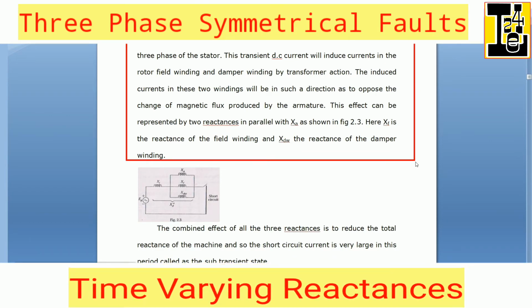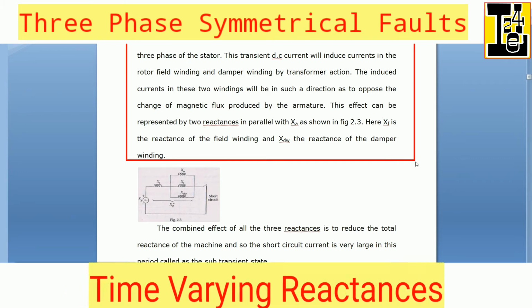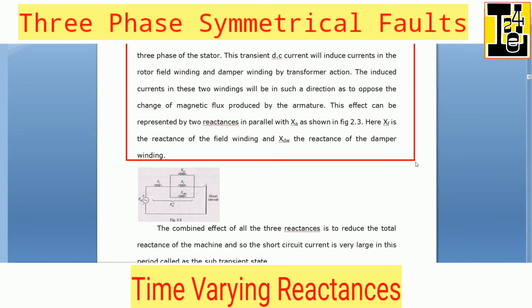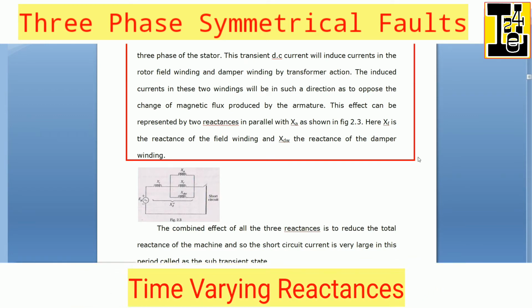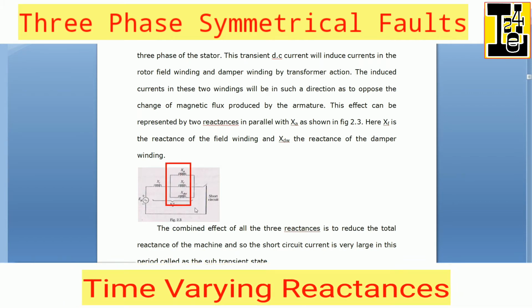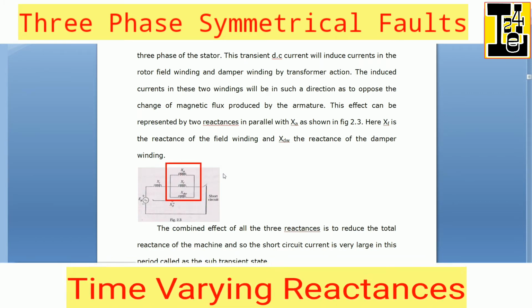This effect can be represented by two reactances in parallel with XA, where XF is the reactance of the field winding and XDW is the reactance of the damper winding. So here you can observe additional two reactances come into the picture with XA.